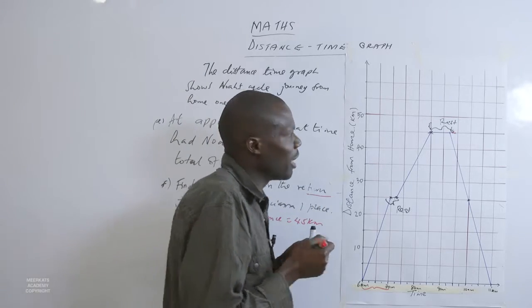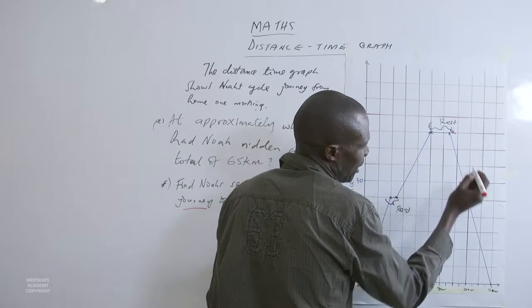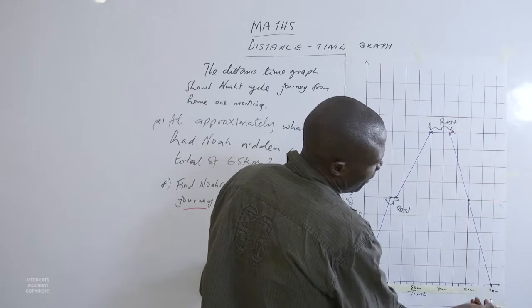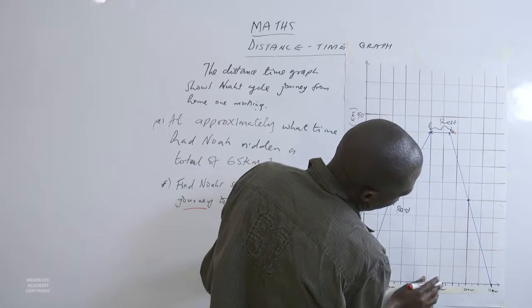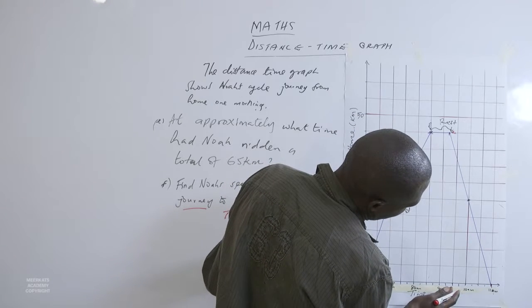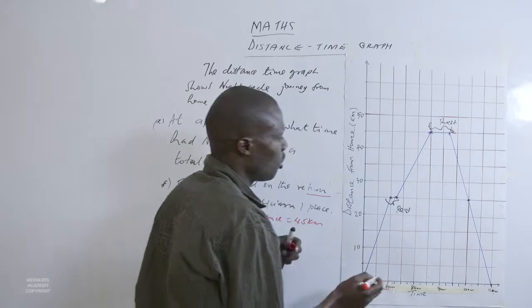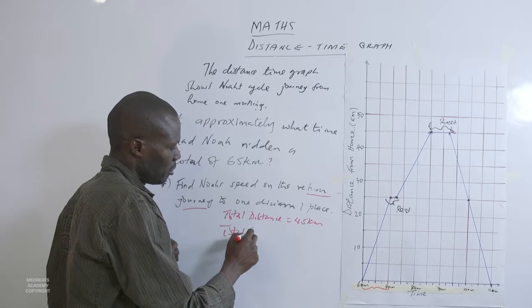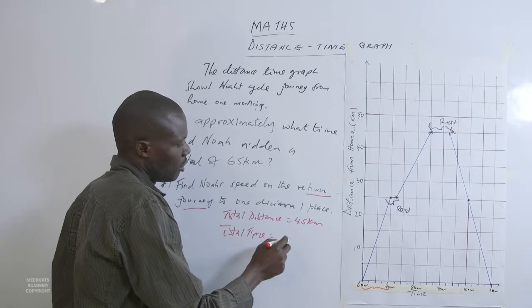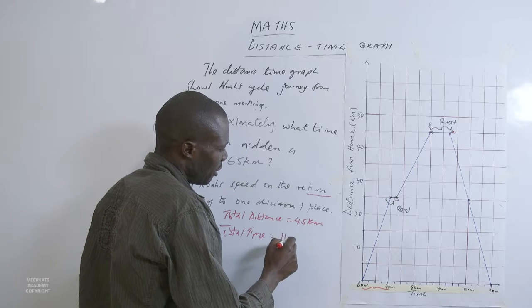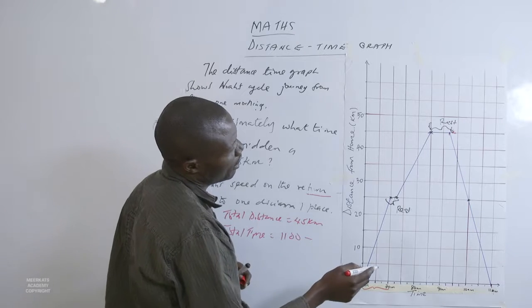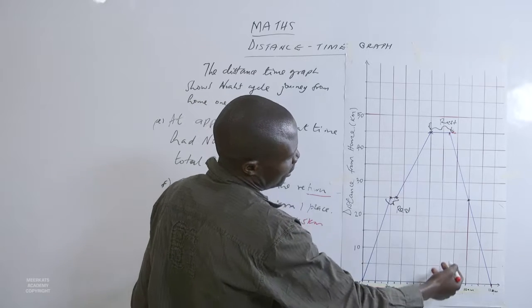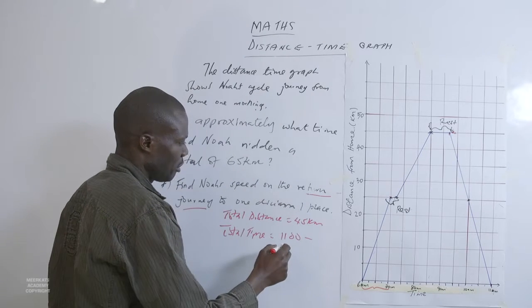How much time elapsed between this part here to the end here? This is 11, and when I follow this one, this is 9:15. So we talk of total time. We have 11 minus what we have here, which is 9:15.